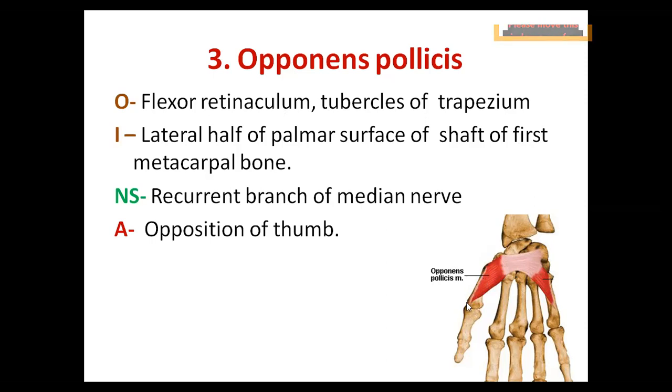Insertion is the lateral half of the palmar surface of the shaft of the first metacarpal bone. This is the first metacarpal, then second, third, fourth, and fifth metacarpals. Nerve supply, recurrent branch of median nerve. Action, opposition of thumb.